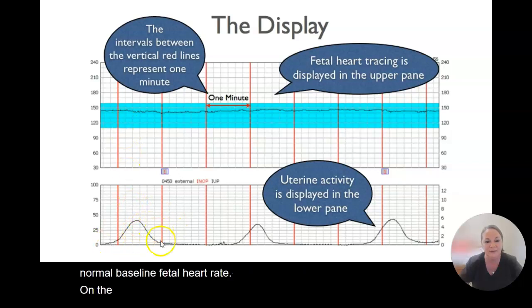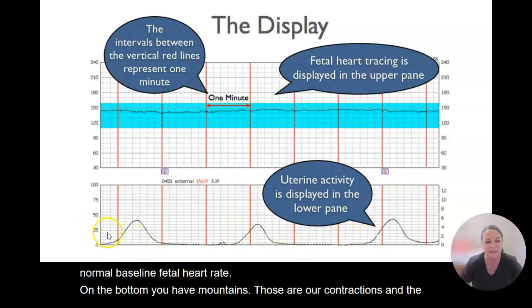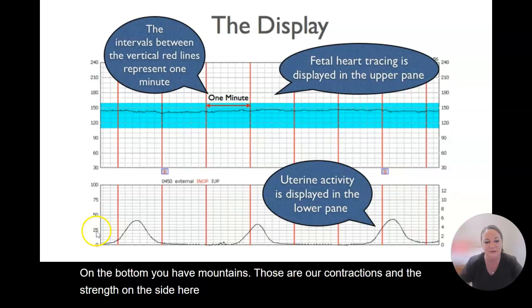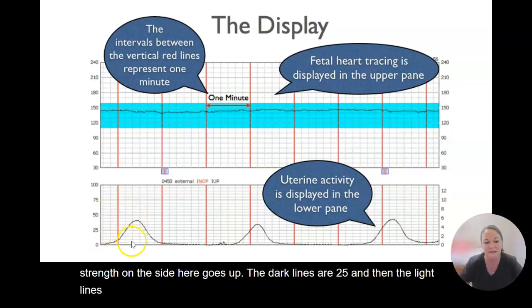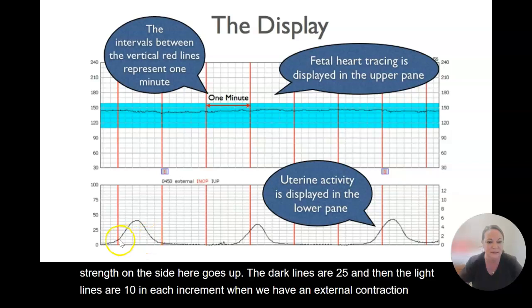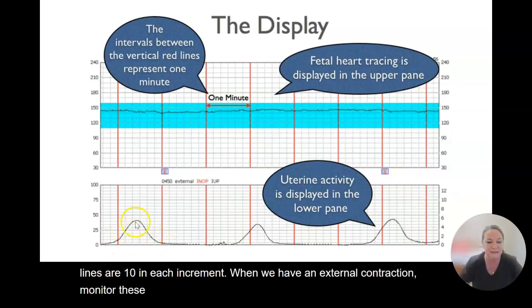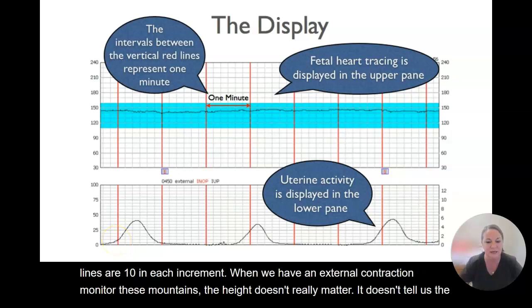On the bottom, you have mountains. Those are our contractions. The strength on the side here goes up. The dark lines are 25, and then the light lines are 10 in each increment. When we have an external contraction monitor, the height of these mountains doesn't really matter. It doesn't tell us the actual strength of the contraction.